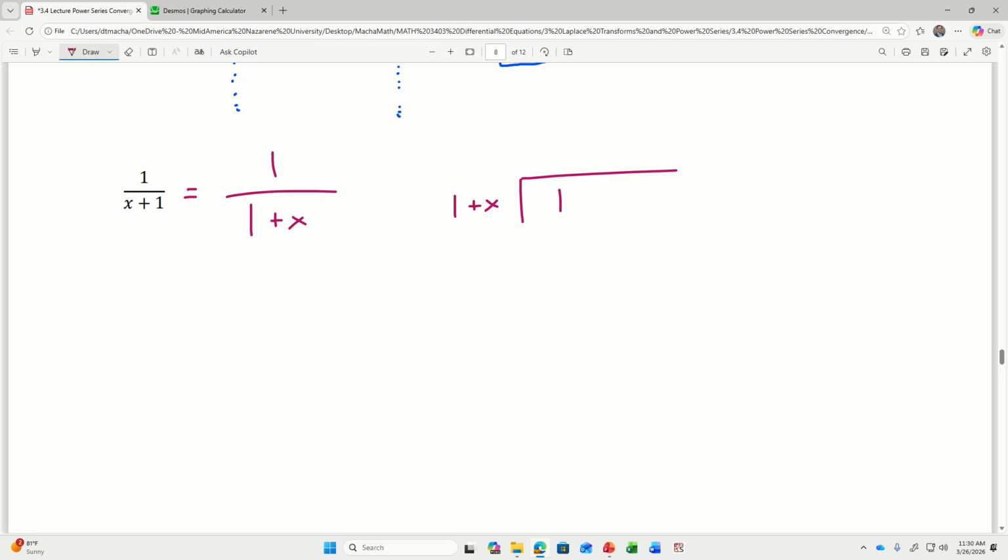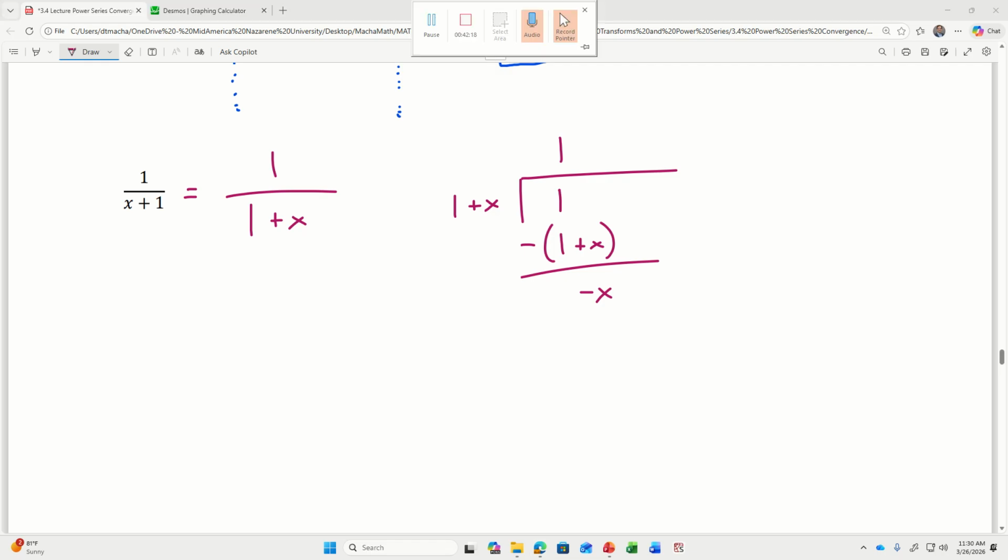How many times does 1 go into 1? And then I write this, and I subtract it. How many times does 1 go into negative x? Negative x times, yeah.